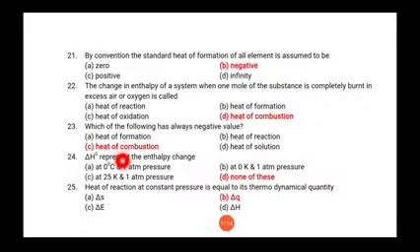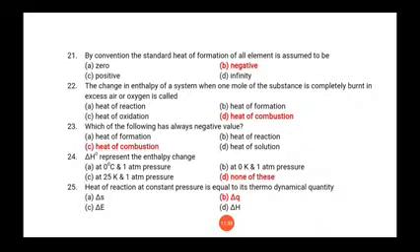Next question. Delta H0 represents the enthalpy change at: options are A, at 0 degree centigrade and 1 atmospheric pressure; B, at 0 Kelvin and 1 atmospheric pressure; C, at 25 Kelvin and 1 atmospheric pressure; D, none of these.